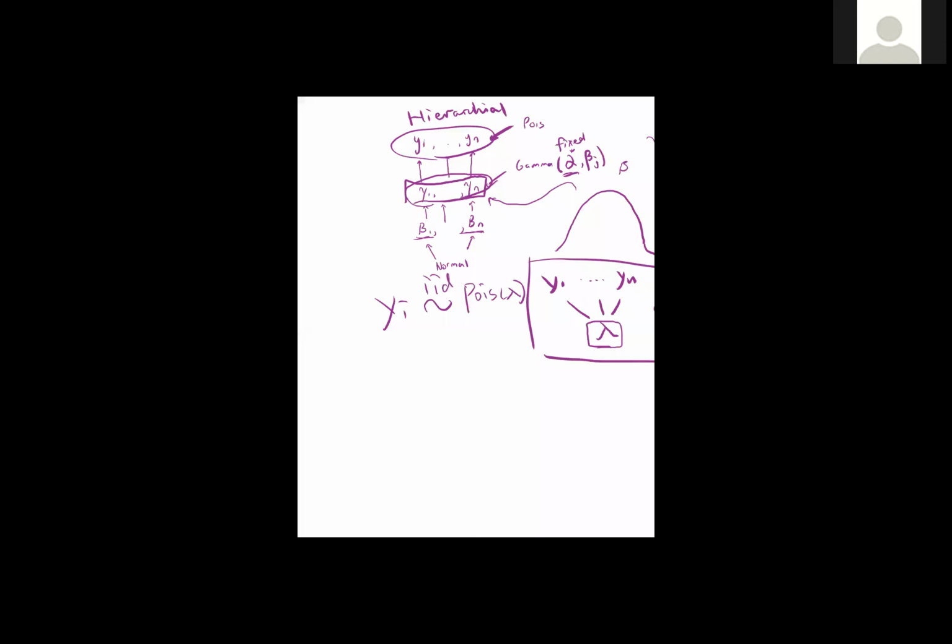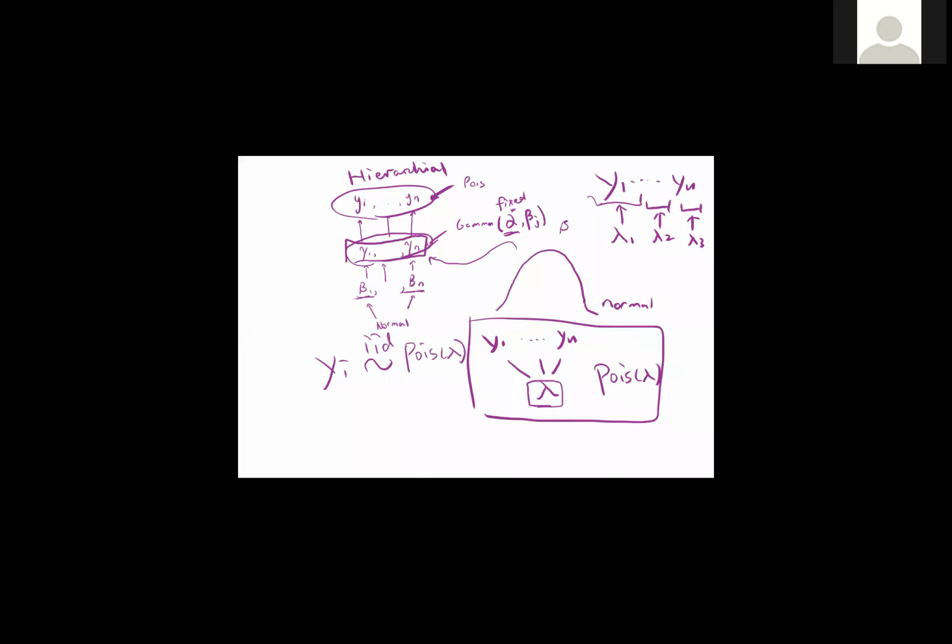What do you mean by one layer? Like this part? If you want to remove something, there's only one you can remove. You can remove beta, but not gamma. You still need gamma to be there for the rate parameter. Eli's model is that you have the data in this way, and each of these is a Poisson with rate parameter gamma.